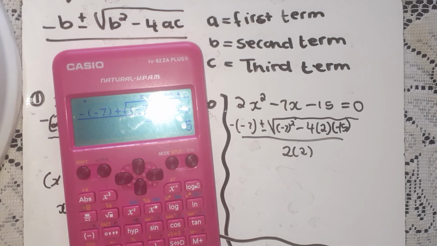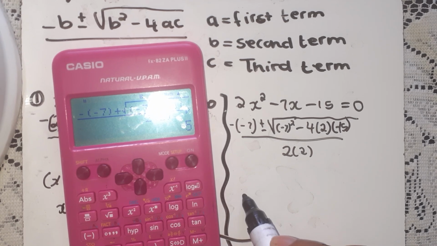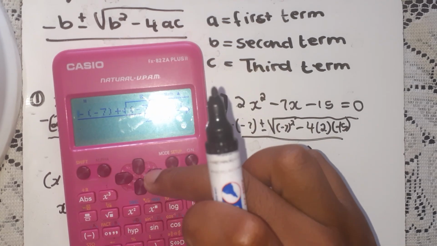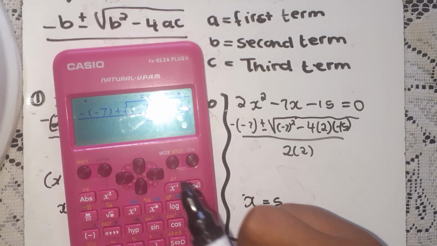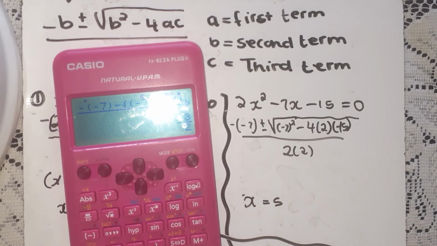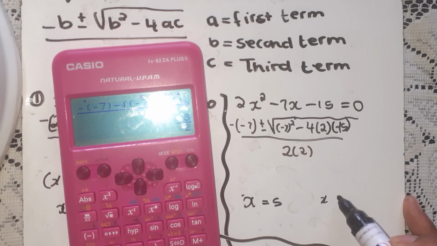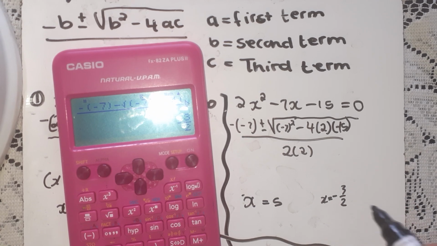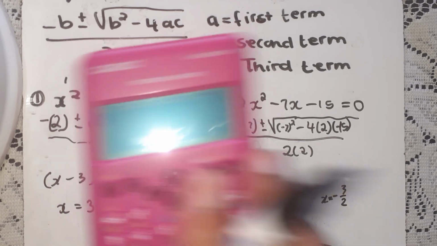So we get 5. And then we'll just say x equals to 5. Remember, start with addition first, and then we'll say this, and then x equals to 3 over 2. That is negative, x is equals to negative 3 over 2.